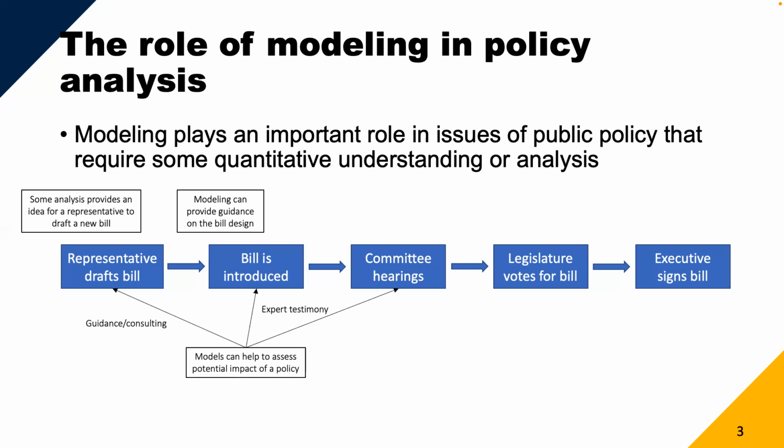Okay, so models can help assess the potential impact of a policy. This can happen through guidance, consulting, or expert testimony. Some of it could be completely behind the scenes where you might not even know, as staff members research the background of a particular topic related to a bill, they may stumble across your paper or some results from a consulting gig.